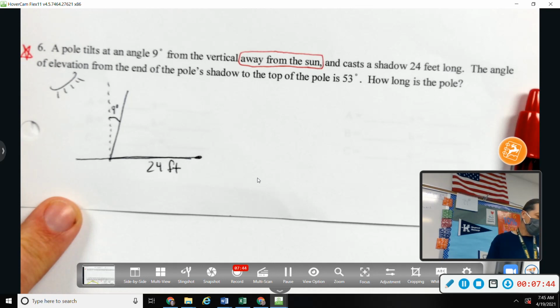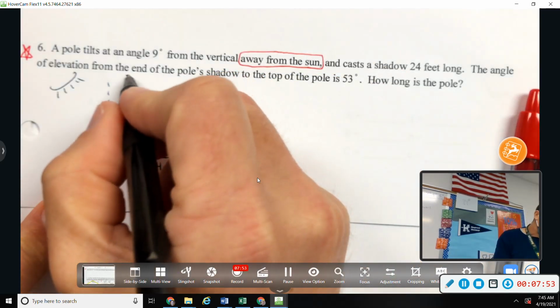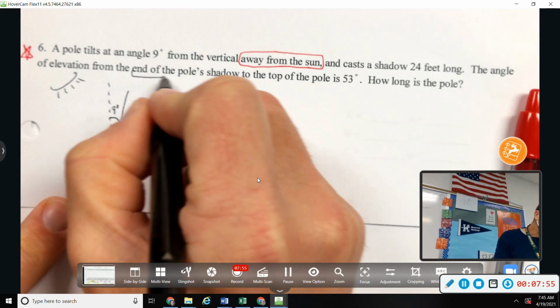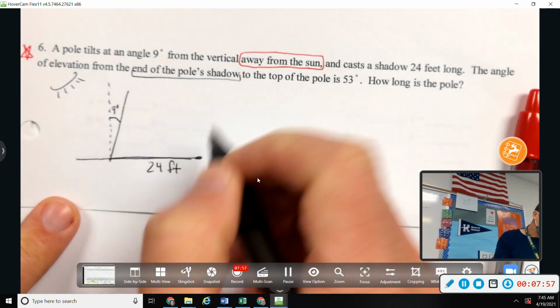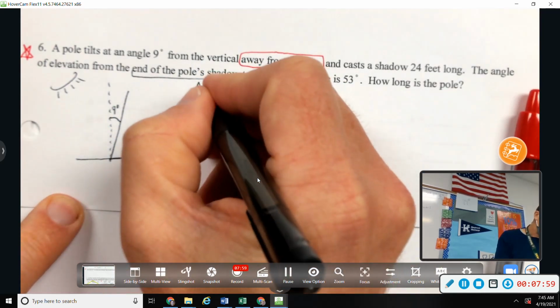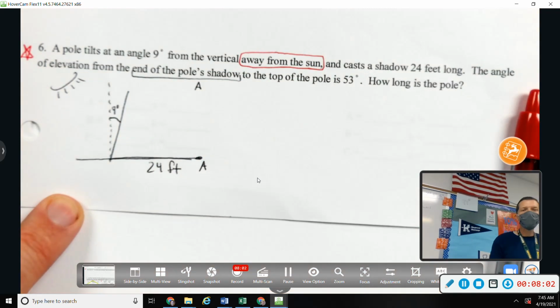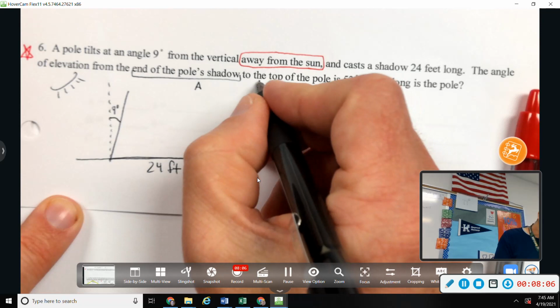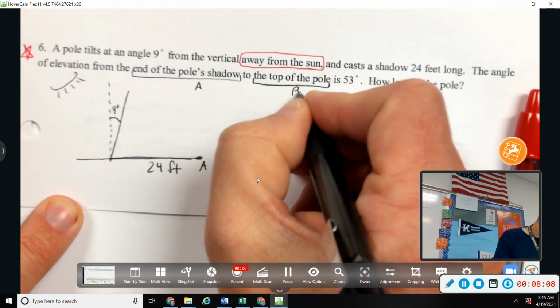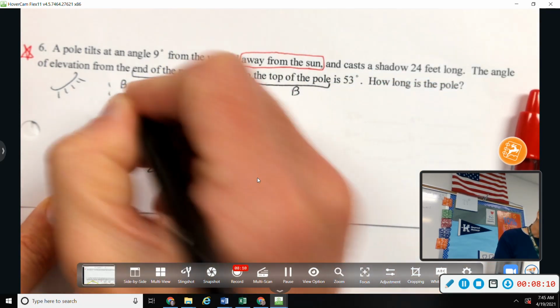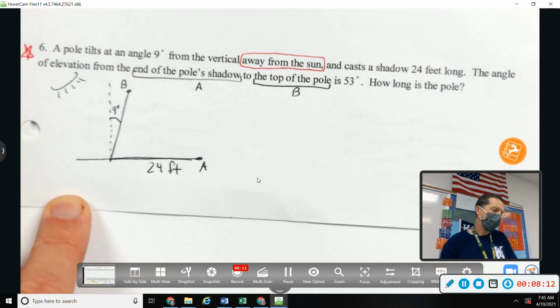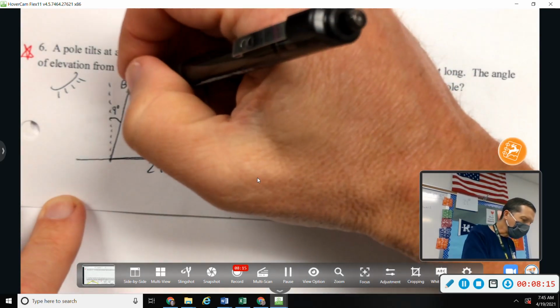The angle of elevation. Okay, so that's when you're looking up and your eyes look up through an angle. That's angle of elevation. From, there's a lot of words here, the end of the pole's shadow. I'll just call it point A, from the end of the pole's shadow to the top of the pole, call that B, again, just to put letters on it, is 53 degrees.